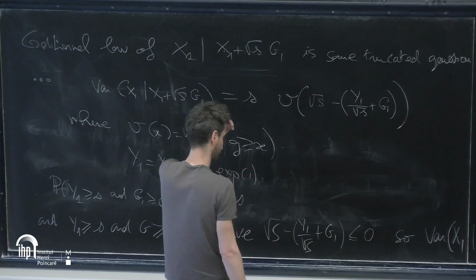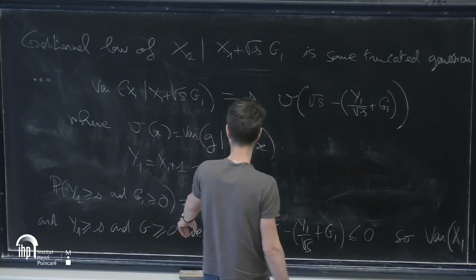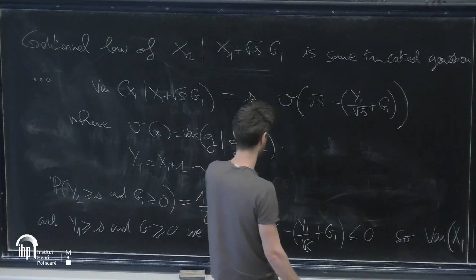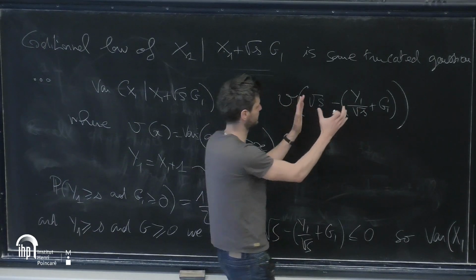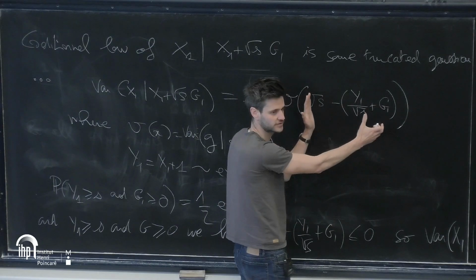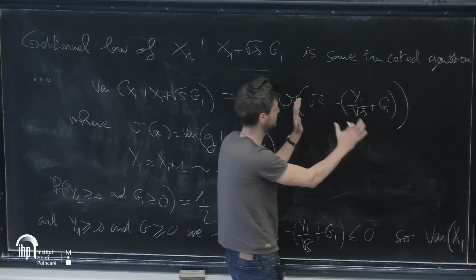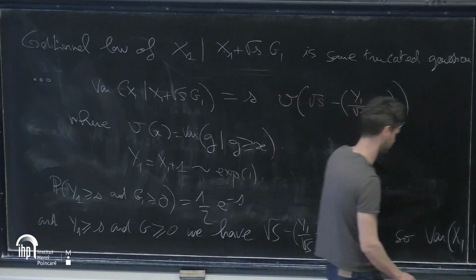okay, so here in this function you will get something negative. So when the argument here is negative, the variance is order 1, okay? So this is order 1, and so this is order s.